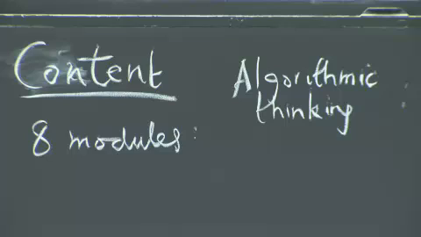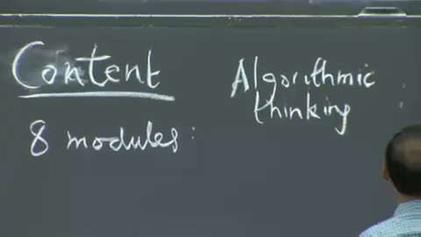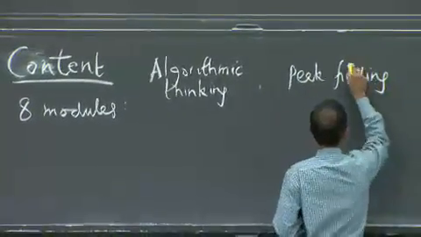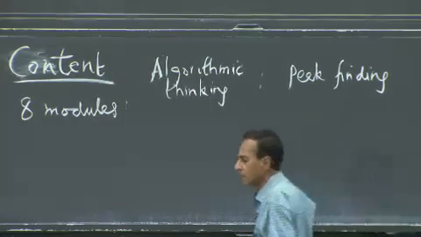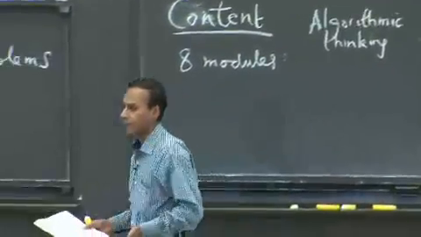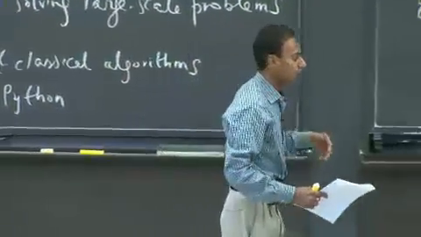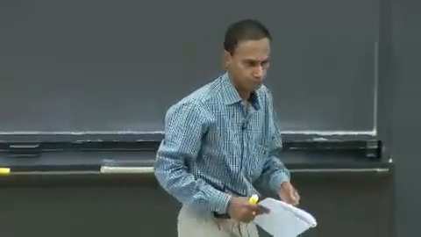We'll look at a particular problem, as I mentioned, of peak finding. And as part of this, you're going to have a problem set that's going to go out today as well. And you'll find that in this problem set, some of these algorithms I've talked about today will be coded in Python and given to you. A couple of them are going to have bugs in them. You'll have to analyze the complexity of these algorithms, figure out which ones are correct and efficient, and write a proof for one of them.